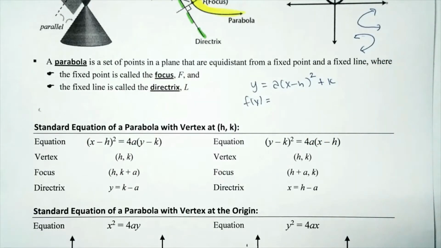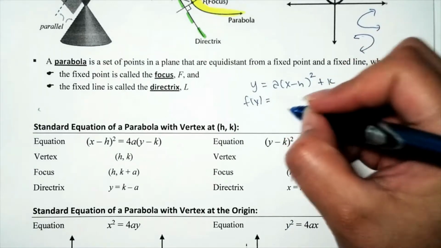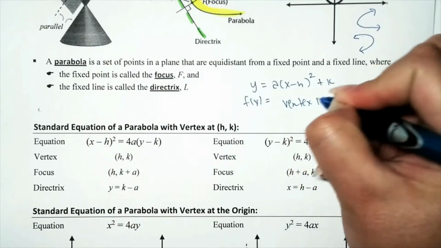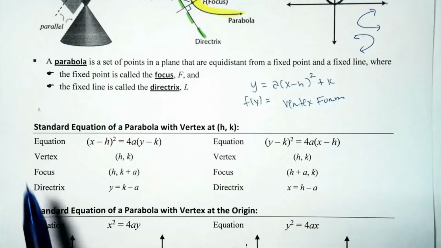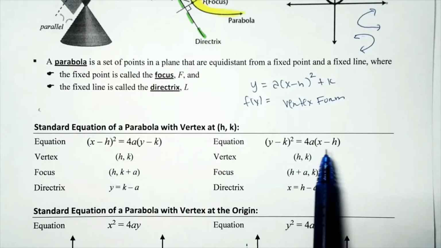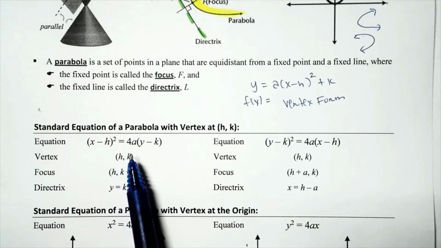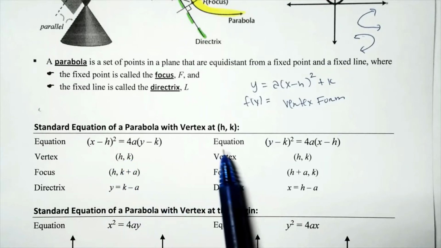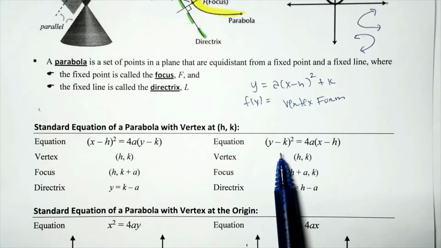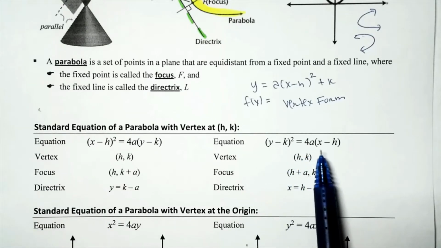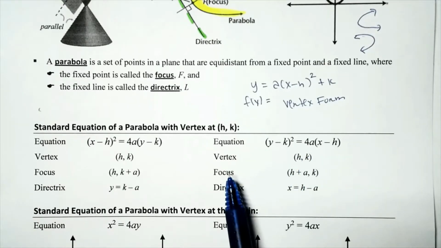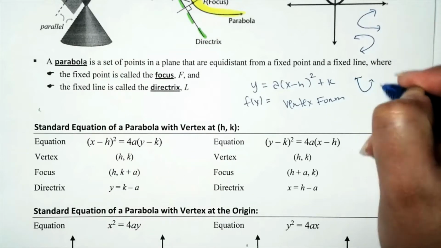This was called vertex form. But the standard way to write it is the following: the square of x minus h is equal to 4a times y minus k, or the square of y minus k is equal to 4a times x minus h.